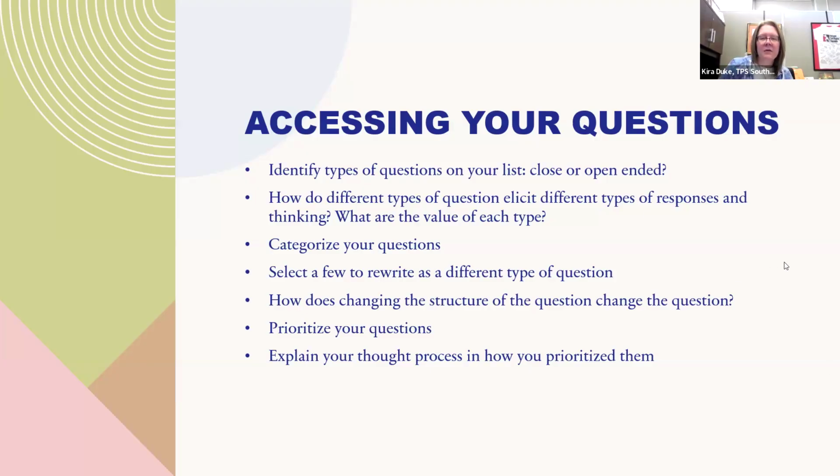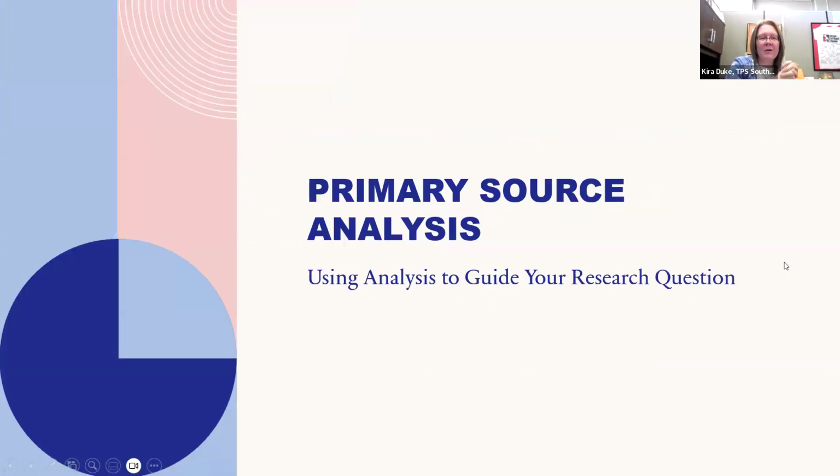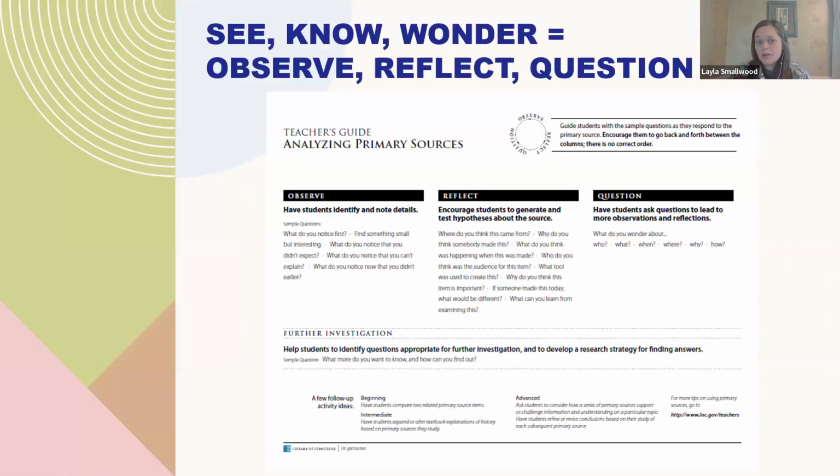So let's talk now about some primary source analysis. This is something that everybody has probably used in their classroom at some point, or been introduced to as a student. Most people would say this is your basic see, think, wonder, or observe, reflect, question.